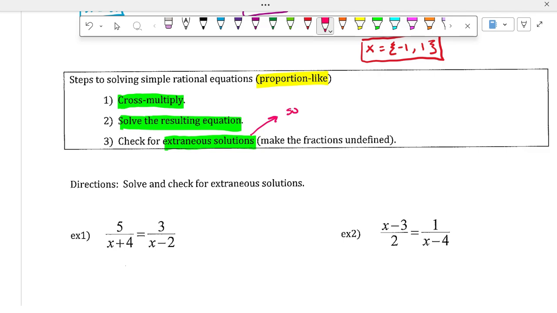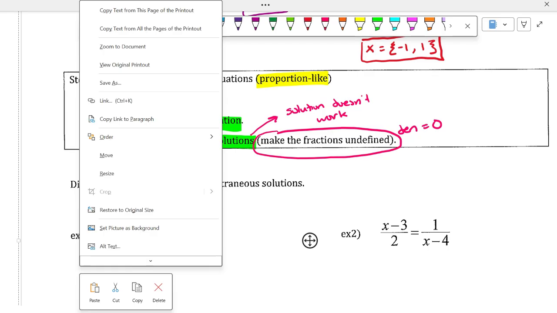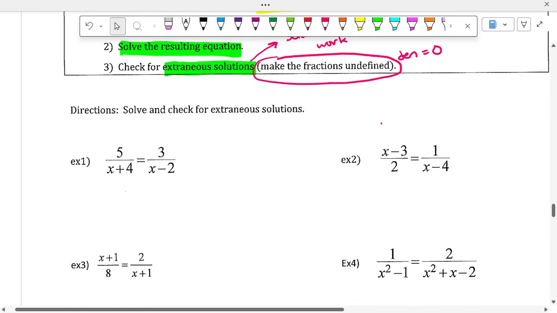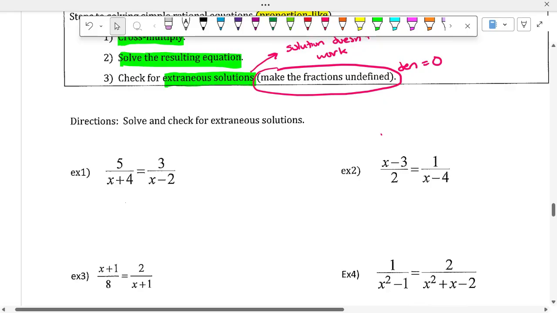So it's a solution that doesn't work. In this case, it's whatever makes the fractions undefined. Or if we plug it back in, the denominator is equal to 0 when we plug it back in. All right. So in reality, you really only need to plug the x values back into the denominator. Just do a quick check.